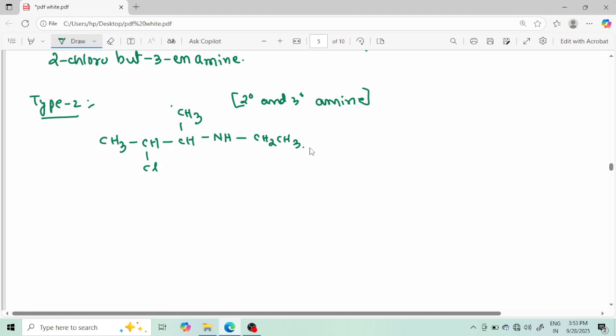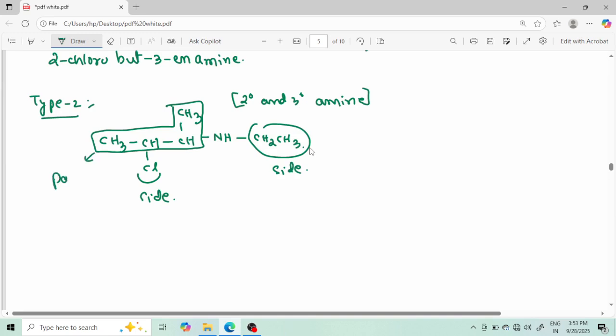So if you pay attention, this is my longest parent chain, right? I have a side chain, and I have another side chain. These two side chains are different. Why? Because the Cl is connected to the parent chain, but another side chain is bonded to nitrogen.